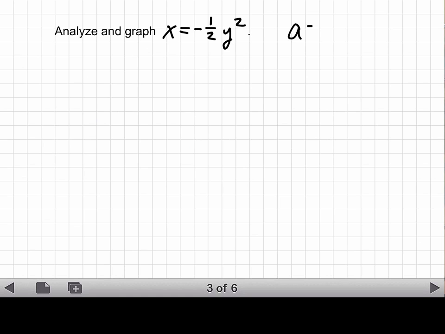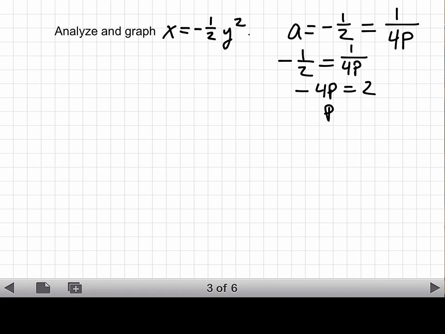Okay, so a is equal to -1/2, and we know that a is 1/4P, and so -1/2 is equal to 1/4P, which means that -4P is equal to 2, or P is equal to -1/2.